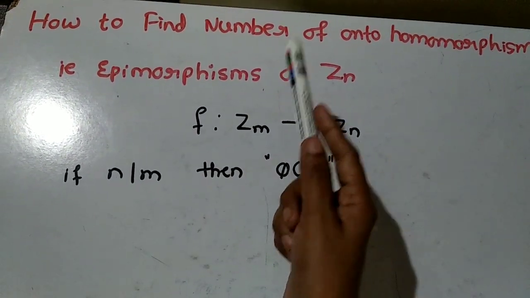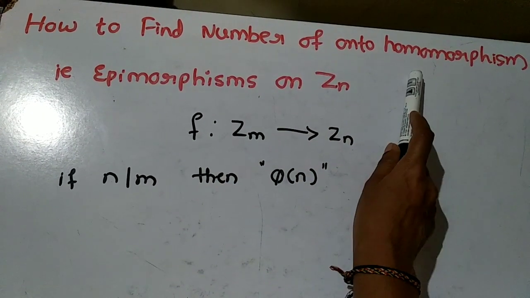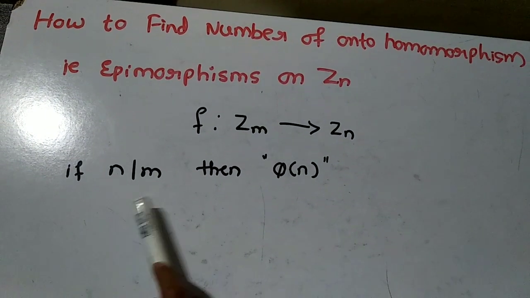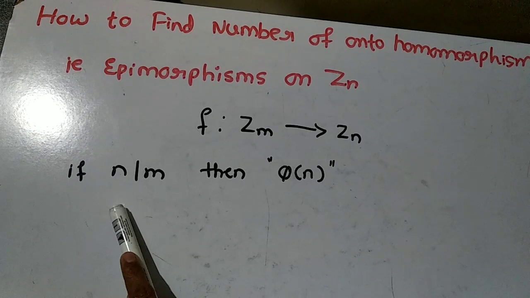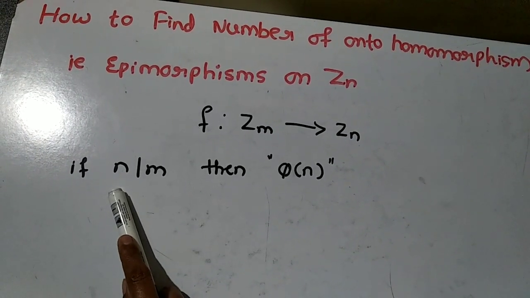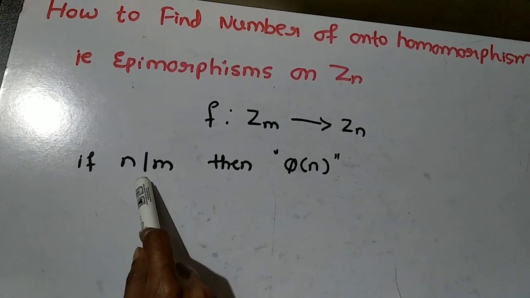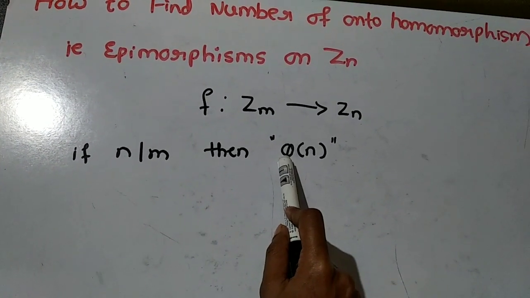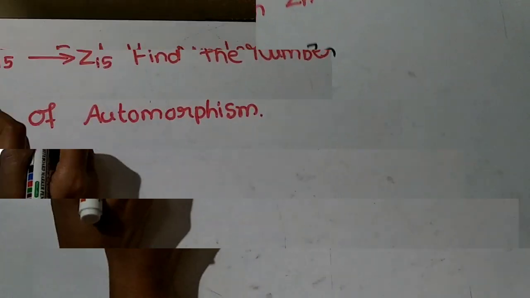If in your examination they ask for finding the number of onto homomorphisms or epimorphisms on Zn, you have to apply the Euler function formula. But there is one condition: if n divides m, then you have to take the Euler function of n. Got it?